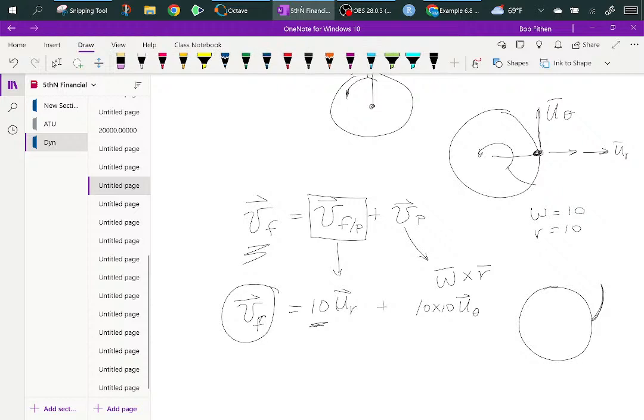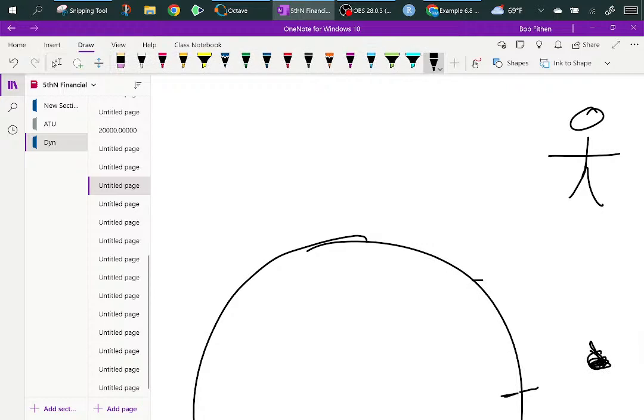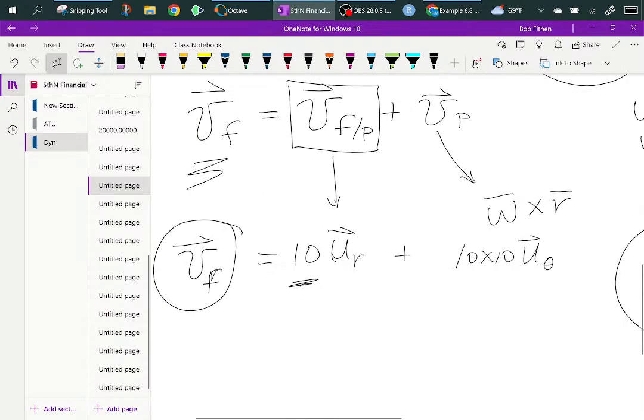Or actually, no. If you trace the particle, back here they spewed the particle out. It would be out here at that point, here and here. So they would see this, the person standing out here looking at the merry-go-round. You'd see the spray coming out like that. So actually, if you zoom in on it, they're going to see a velocity coming out like that. So that's where you add these things together.